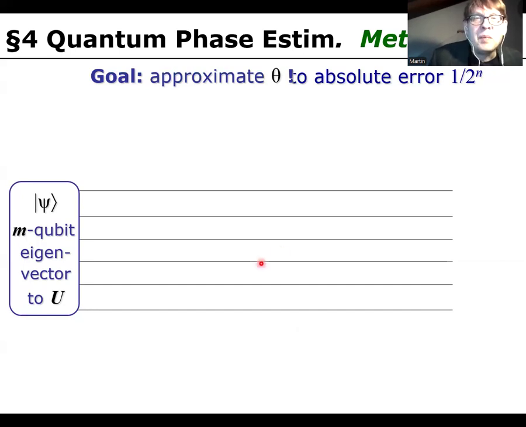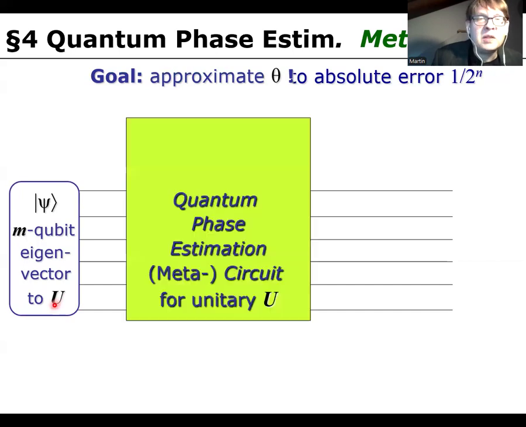Why is it a meta circuit? Because, as I said, it includes the circuit for the unitary transform U and its powers building the solution circuit.